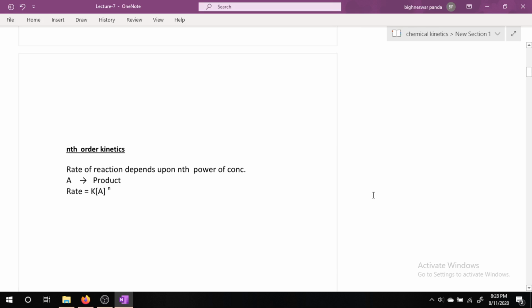In the previous class we have already discussed zeroth order, first order and second order reactions, and here we are going to discuss nth order kinetics.